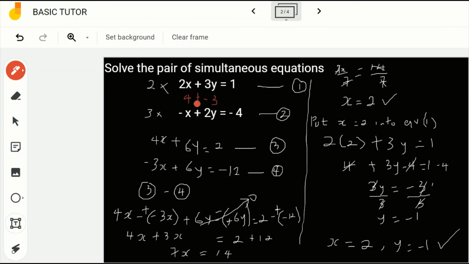Plus minus is a minus, so 4 minus 3 is 1. So you can see that we are correct. This is how we solve simultaneous equations in this form.